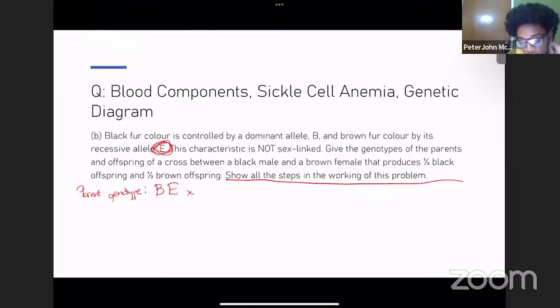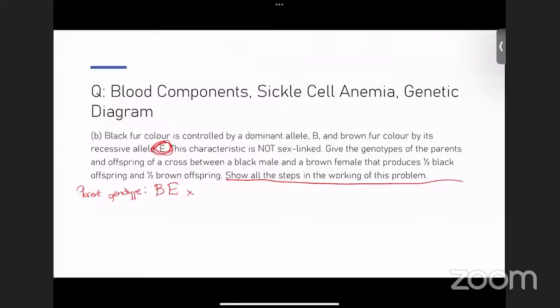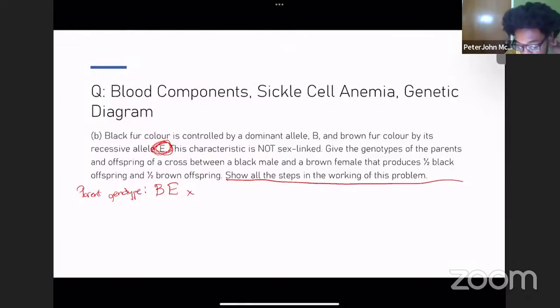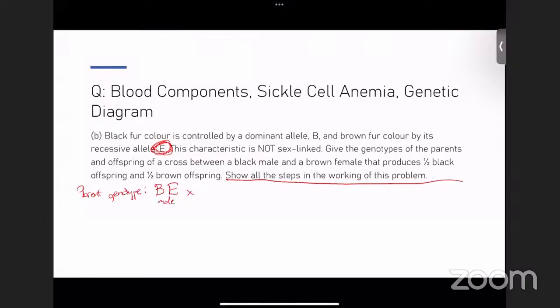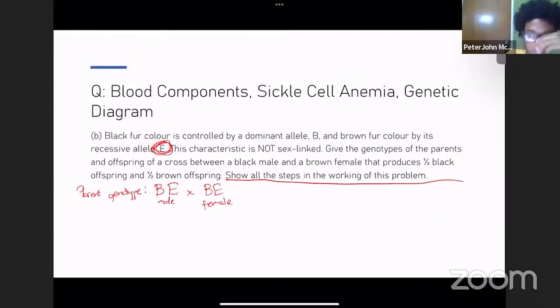The recessive allele is a capital E. So you have to pay attention. It's not just a general thing where you put a common letter. They said that the recessive allele is a capital E. So if you put a small e, you get it wrong. Oh, okay, sorry. So what's the next thing? Same, BE. And our female is a BE as well.